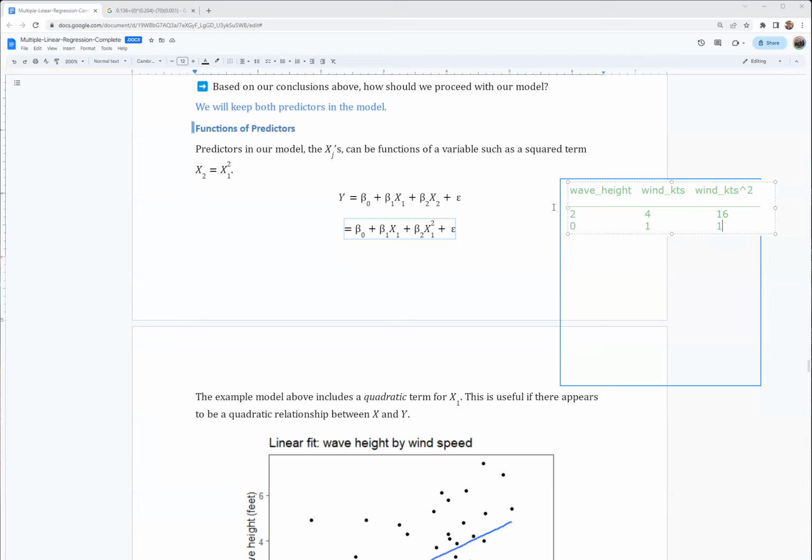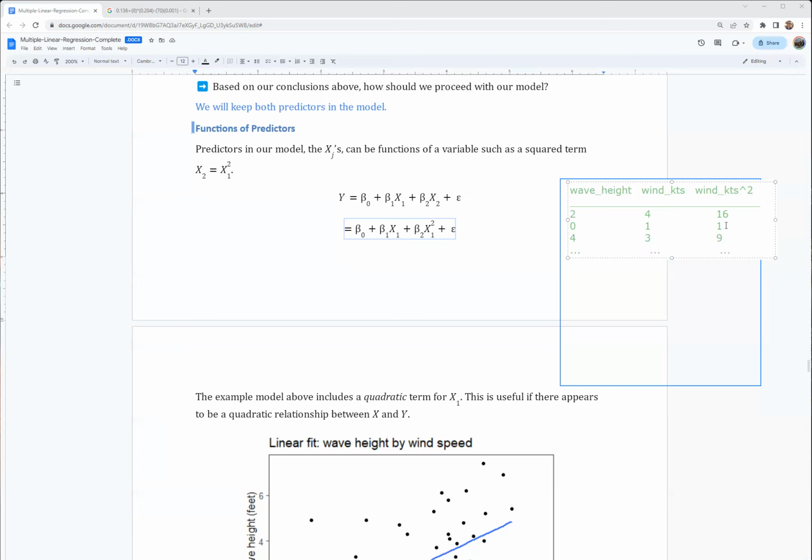And maybe you have a wave height of 4, wind speed 3, and then this would be 9, and so on. So this is the structure of the data.